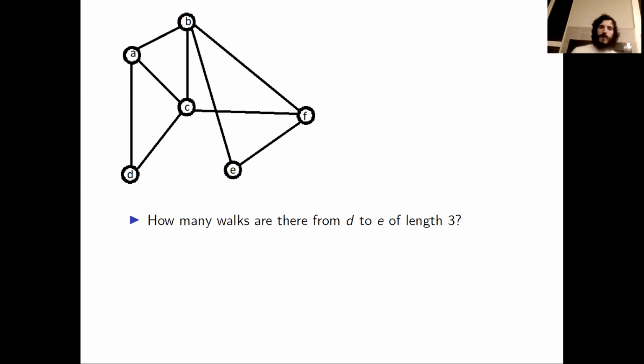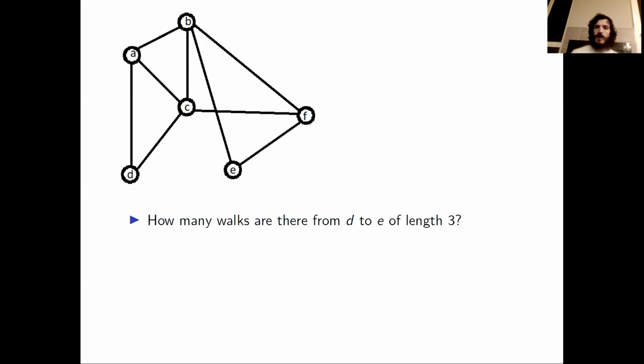So we want walks of length 3 from D to E. One of them is D, A, B, E. One of them is D, C, B, E. And one of them is D, C, F, E. That gave us 3. And it looks like there's no others.